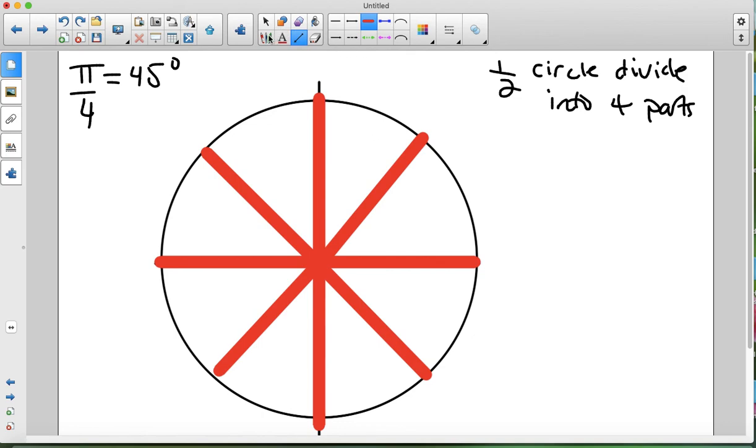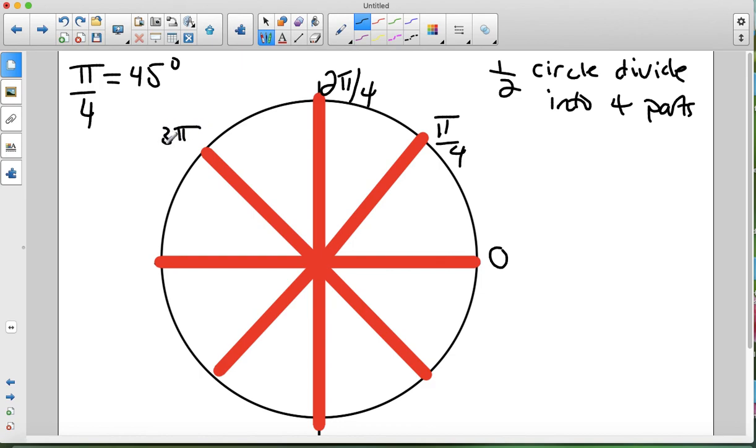Now let's label, and some of them are going to get reduced, so don't worry. 0, pi over 4, 2 pi over 4, 3 pi over 4, 4 pi over 4, 5 pi over 4, 6 pi over 4, 7 pi over 4.